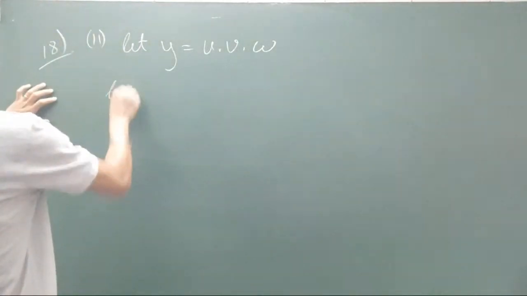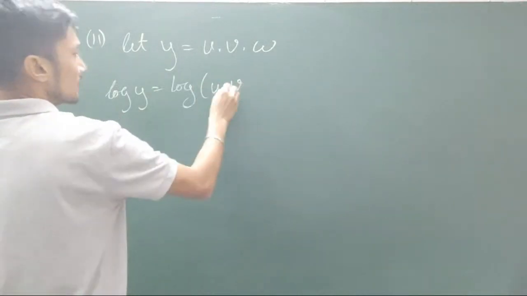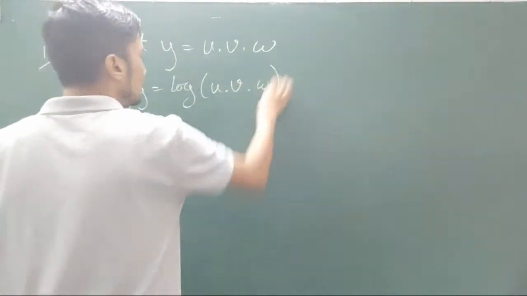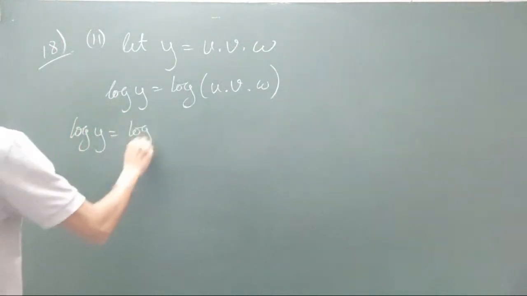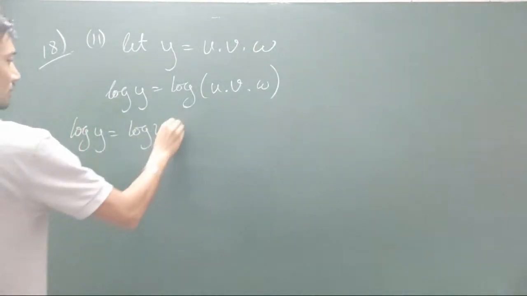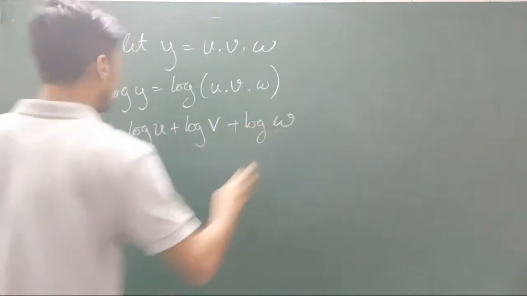So taking log on both sides, log of y will be log of u plus log of v plus log of w.